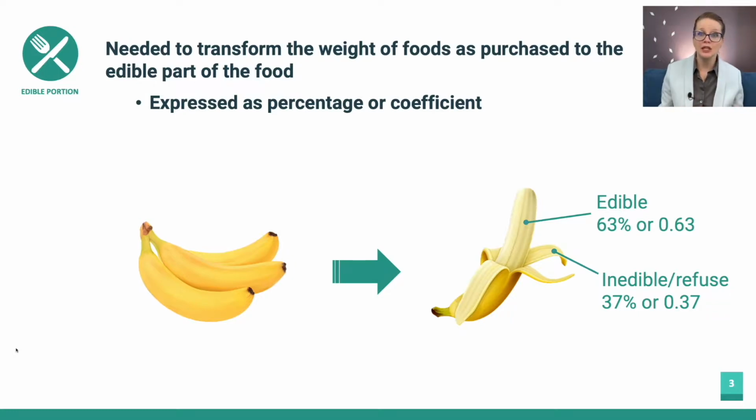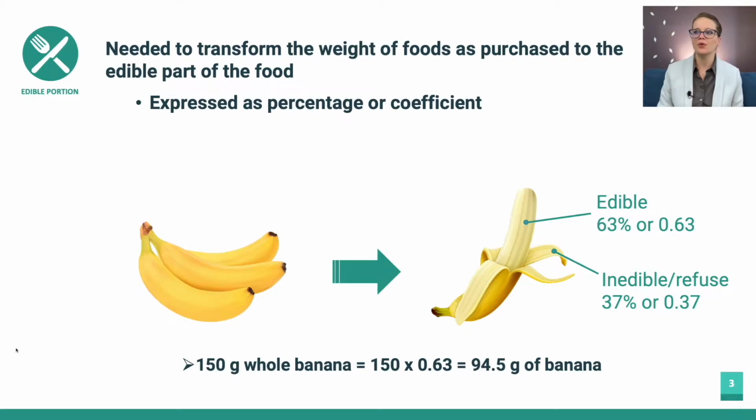And how can we use this information to convert our amount of food as purchased to the amount of food as consumed? If we have 150 grams of whole banana as we buy at the supermarket, we have to multiply by the edible coefficient, and then we will have the amount of edible part in this banana.